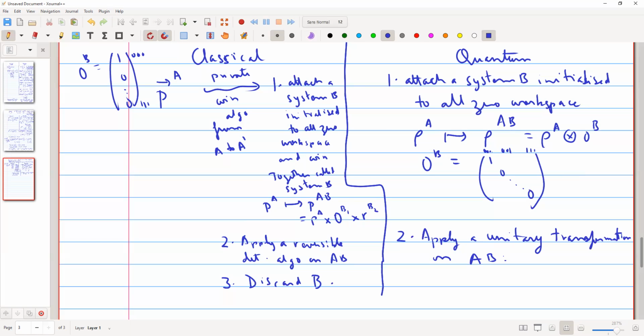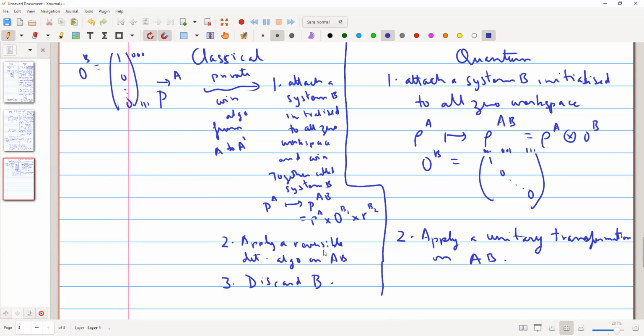The classical reversible thing was a permutation of bit strings, so the analogous thing here has to be at least invertible. But you will not get the correct physical interpretation if you allow all invertible transformations. Physics says that we can apply unitary transformations. Any unitary transformation is a physically realizable thing in the laboratory. We can apply that.